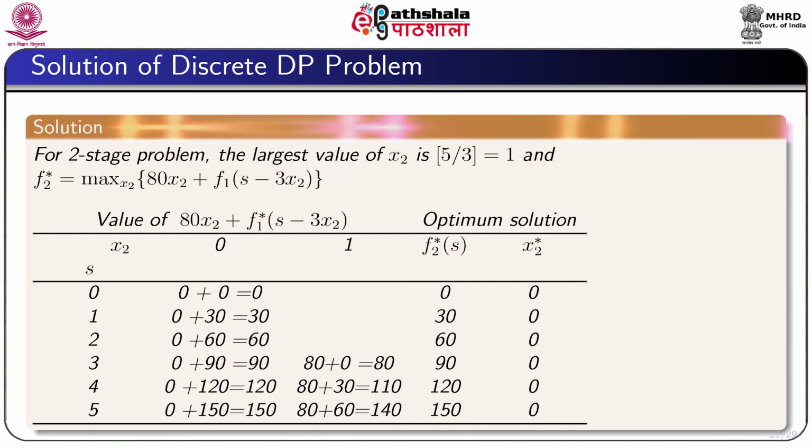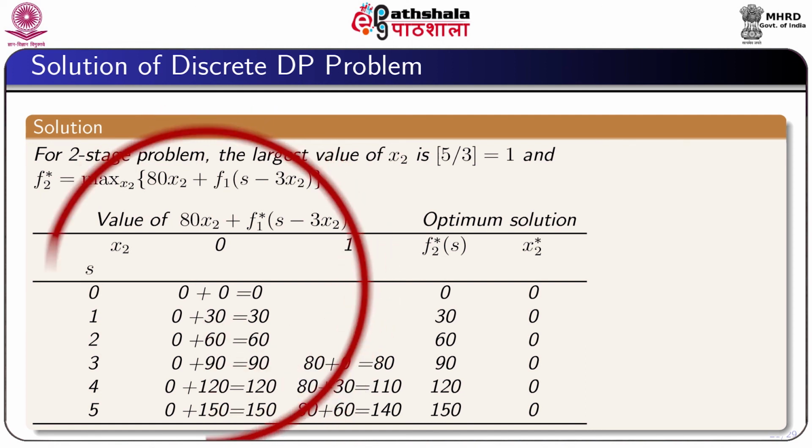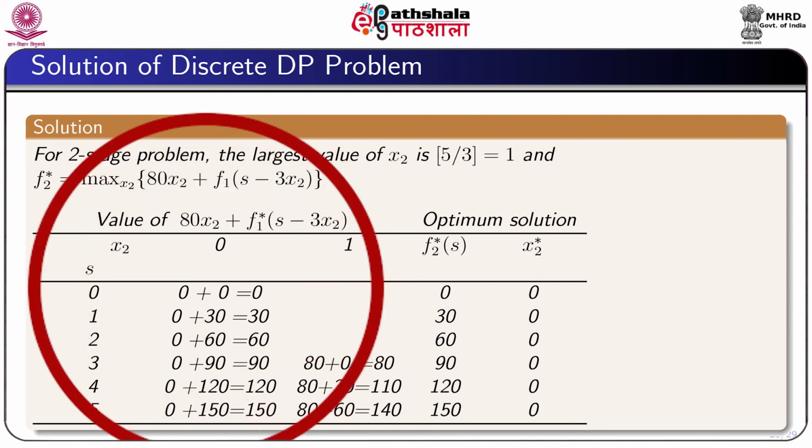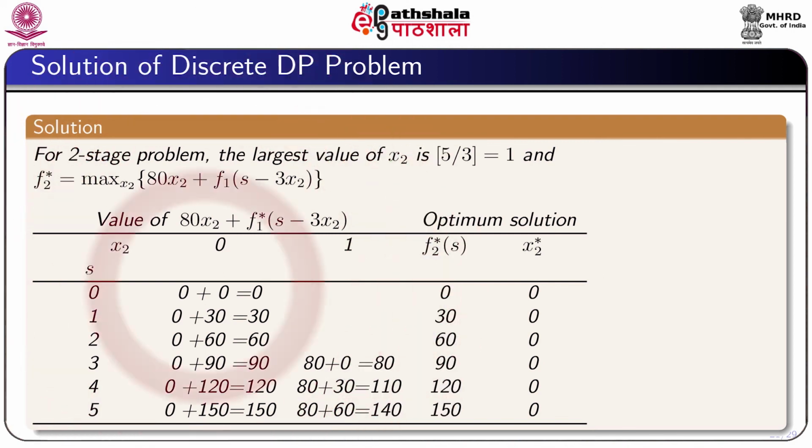For the two stage problem, the largest value of x2 is equal to 1, and we use the recurrence relation f2 star equal to a maximum of 80 x2 plus f1(s - 3 x2), and here s also can take the values 0, 1, 2, 3, 4 and 5, but x2 can take the values 0 and 1 only.